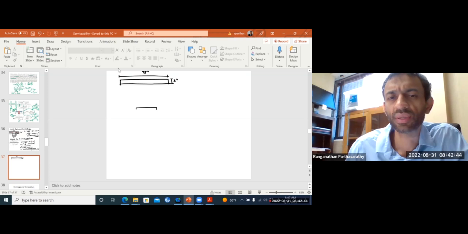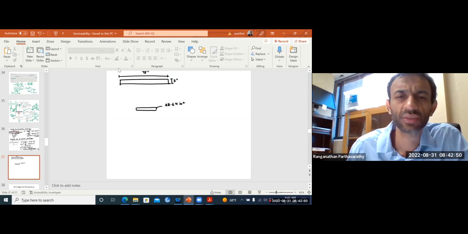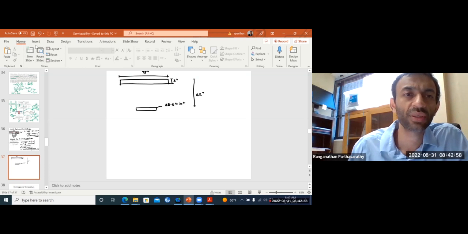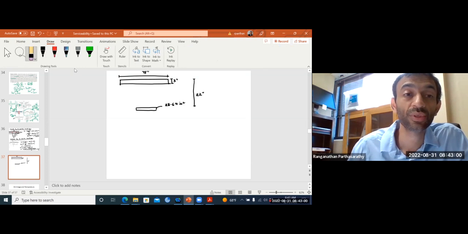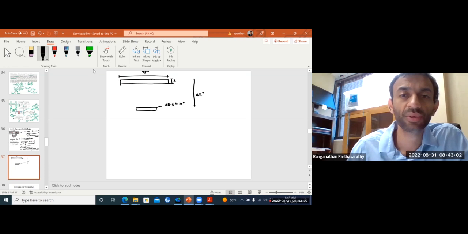Then you have your tension steel, 28.64 square inch. You have your d value, 22 inches. Oh, this is not 3, this is 3.73.